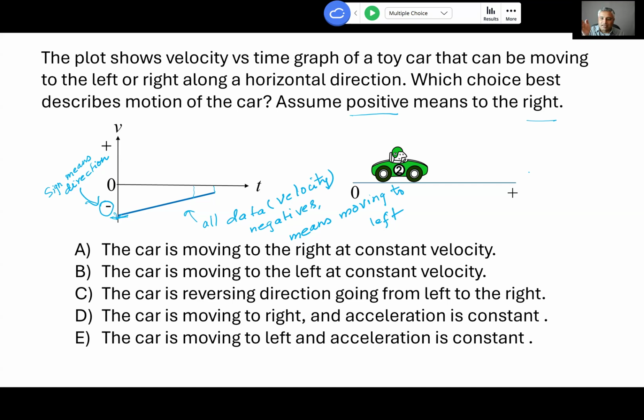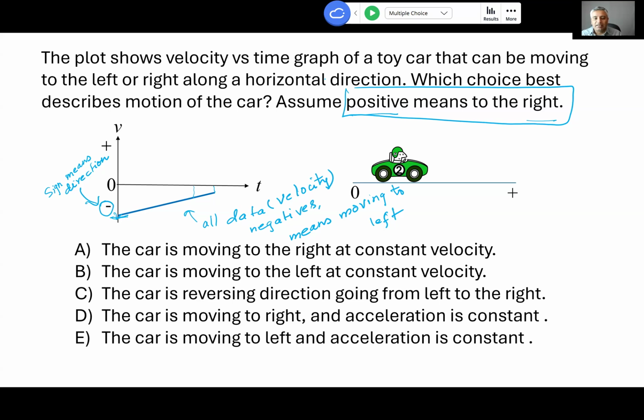What's the velocity of my hand? Negative, as long as we assume right as positive. Velocity is to the left. But once it goes there and turns around, now it's moving to the right. So what's the direction of velocity? Right, or positive, based on this assumption. That's how it works.